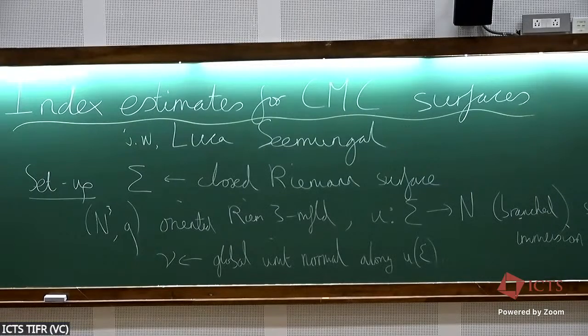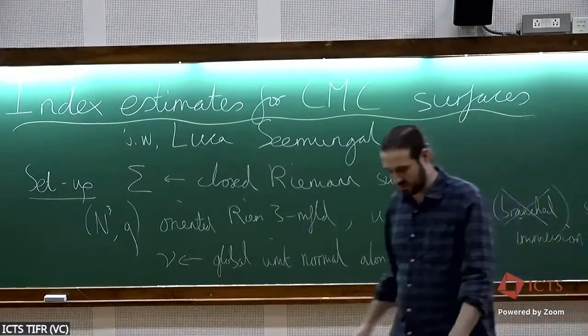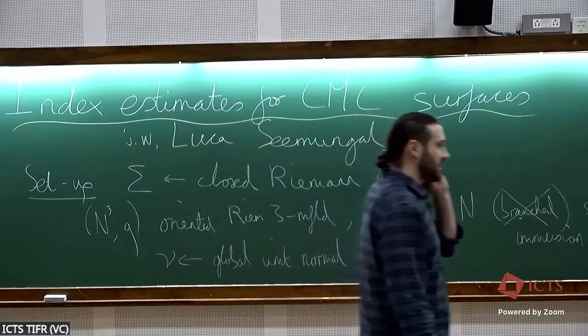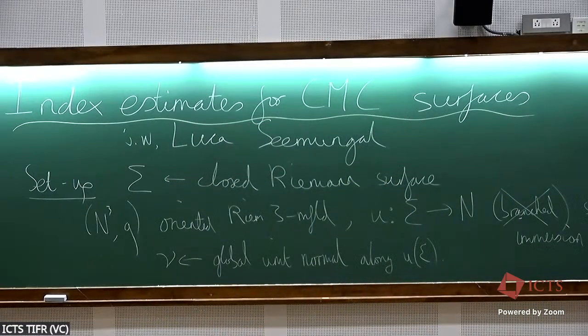And so u will always be some possibly branched smooth immersion. I'm basically going to ignore this word through the whole talk and just stick with smooth immersions. And nu is the global unit normal along the immersion u. Please just shout out if you have any questions or want to interrupt me.